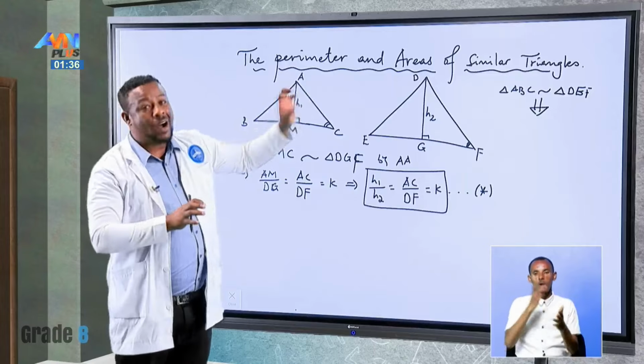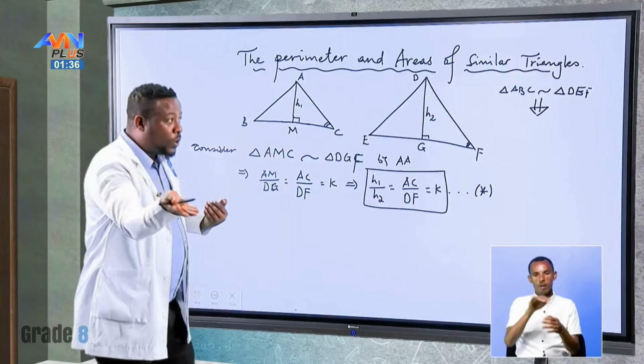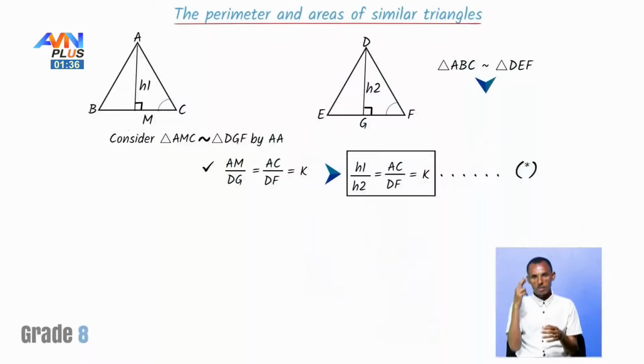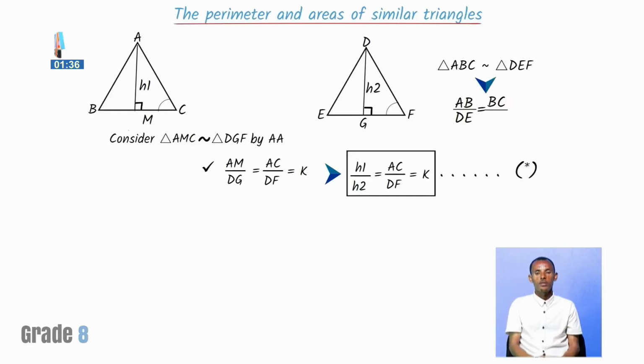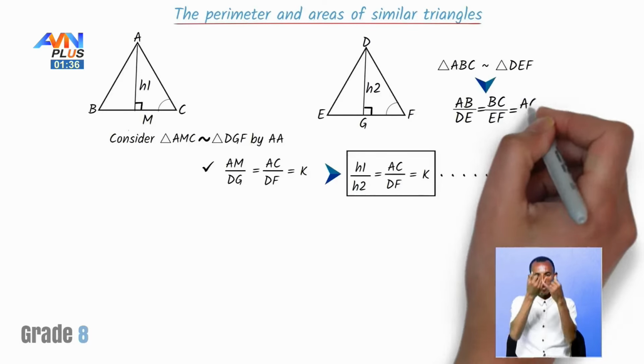If these two are similar, by default, you have AB over DE is the same as BC over EF. This is the same as AC over DF, okay?